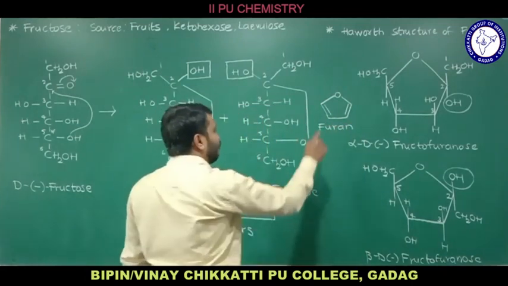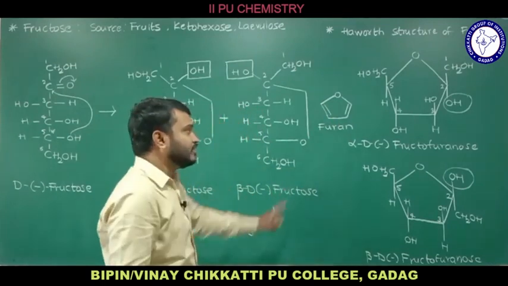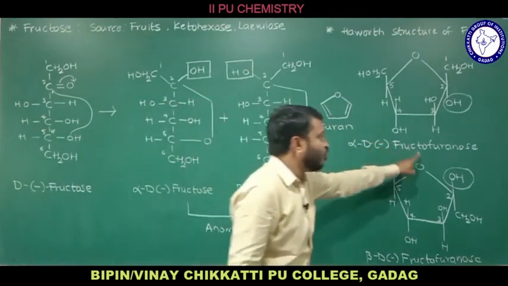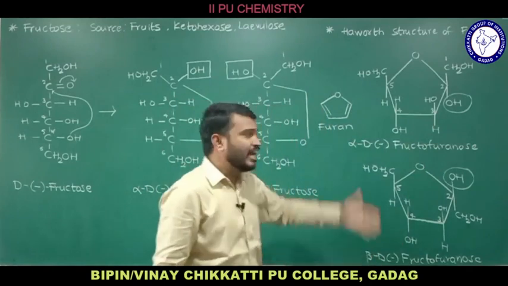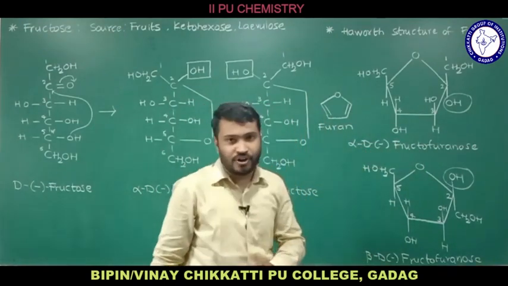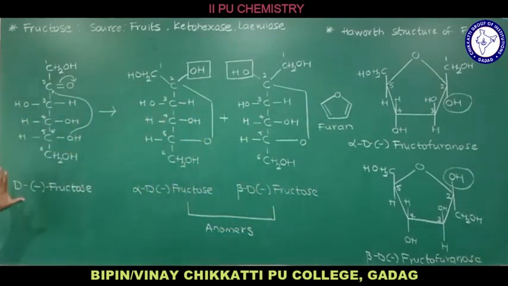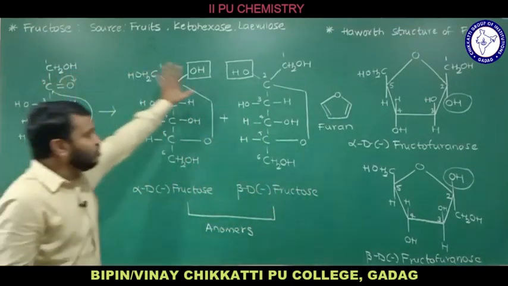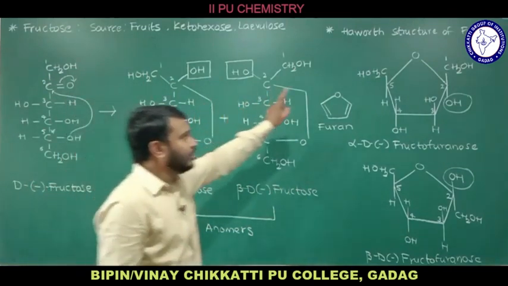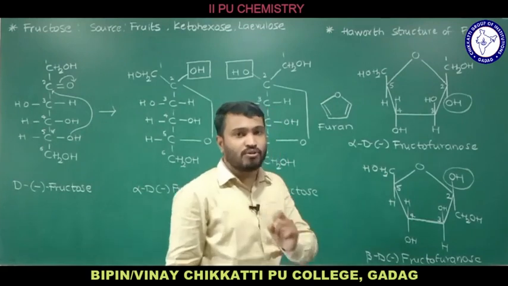Furan is a 5-membered cyclic structure including oxygen, and therefore the name we used is fructofuranose. Alpha-D-fructofuranose, beta-D-fructofuranose, and this is how we can draw the Fischer structure of fructose and anomers of fructose, and the most preferred, most stable structure, that is the Haworth structure.